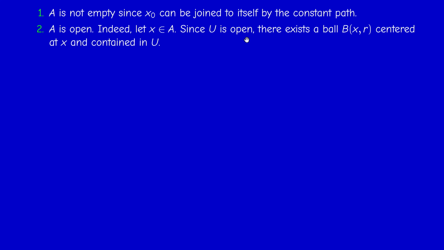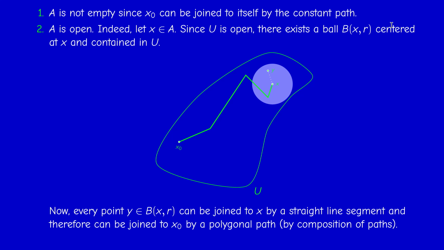Since U is open and x is in A, so x is in U, we have a ball of center x and radius r contained in U, like in the picture here. The ball is light blue, and this is U. This is x0. Since x is in A, by definition of A, there exists a polygonal path joining x0 to x.